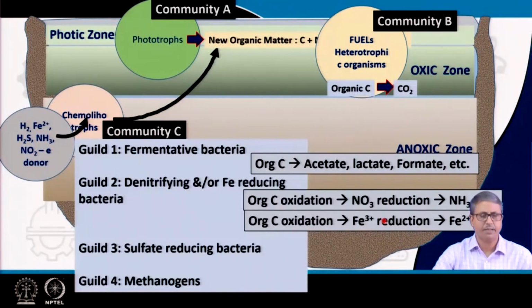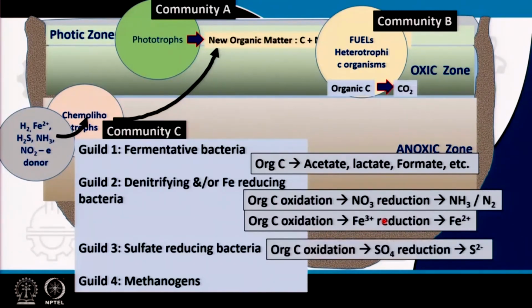Guild 3 will be represented by the populations responsible for sulfate reduction. Sulfate will be reduced to sulfite under anaerobic conditions; many of these anaerobic bacteria are capable of utilizing sulphate as their terminal electron acceptor.